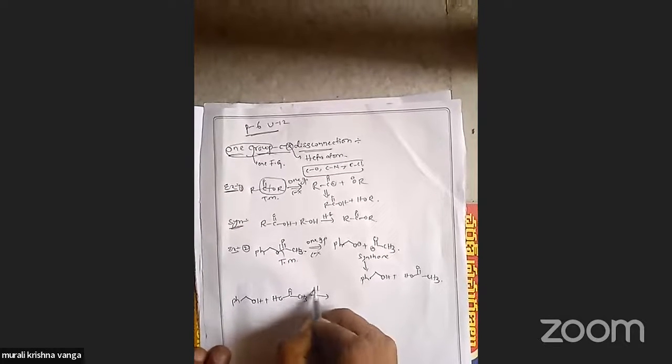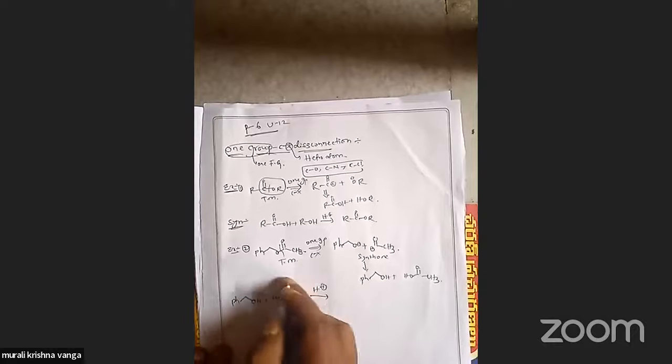When benzyl alcohol reacts with carboxylic acid, acetic acid, in the presence of acid medium, it gives benzyl acetate, the target molecule.